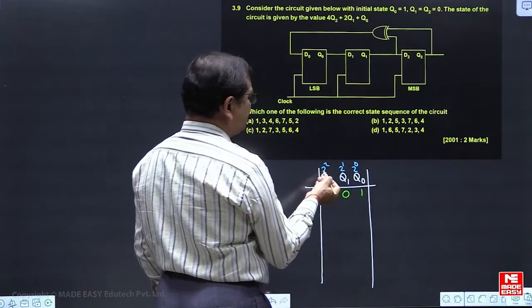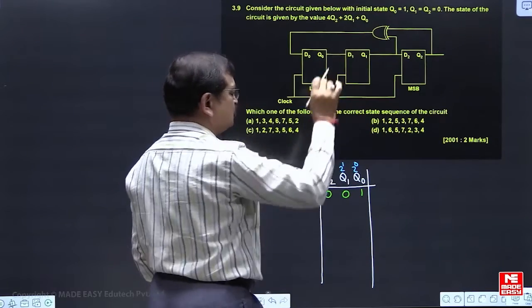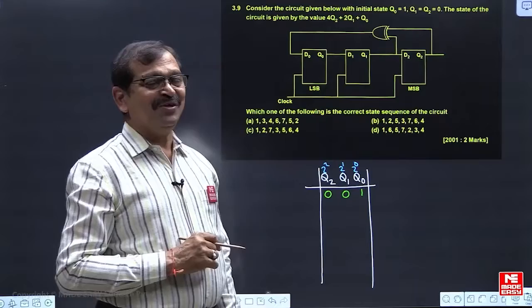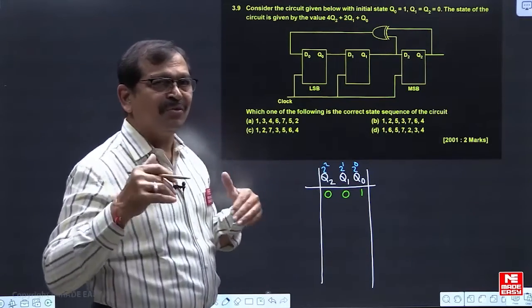This is the same thing he is mentioning, 4Q2 plus 2Q1 plus Q0. So don't get confused by this additional information. There is no need to look at something else.